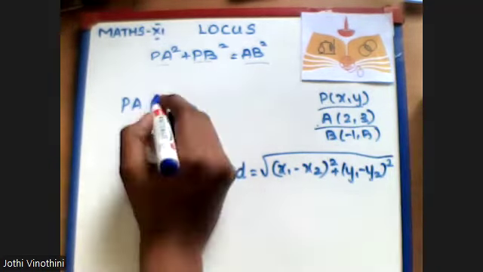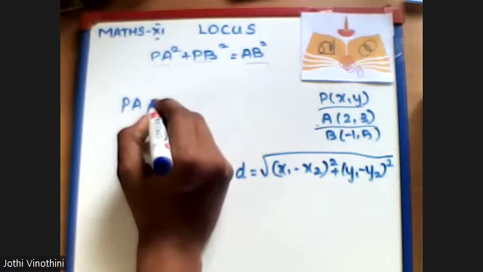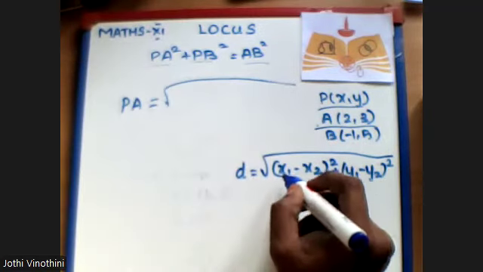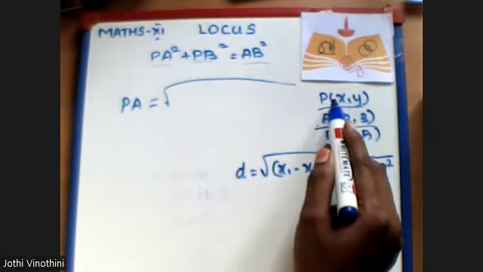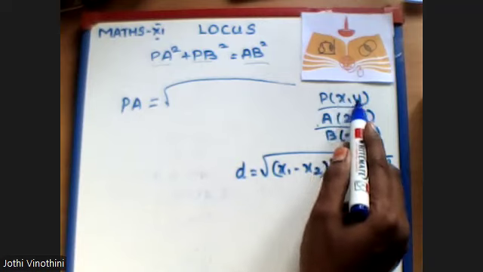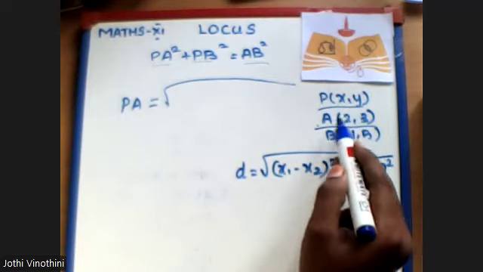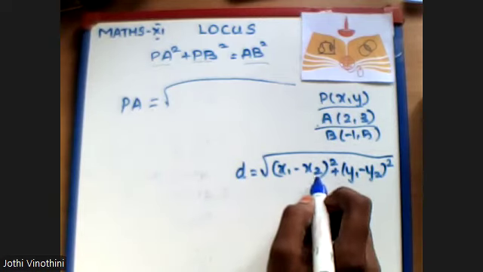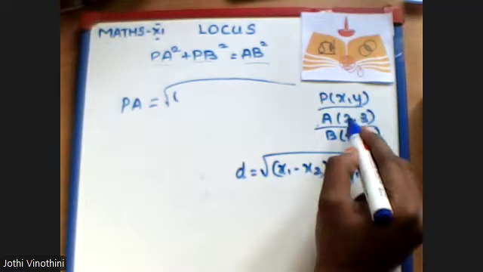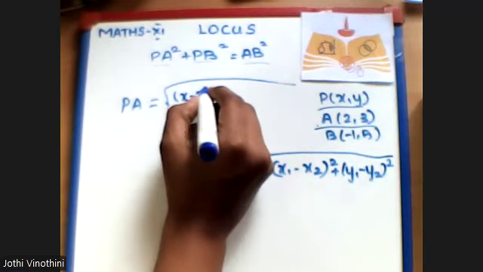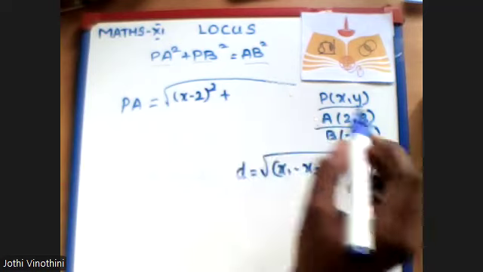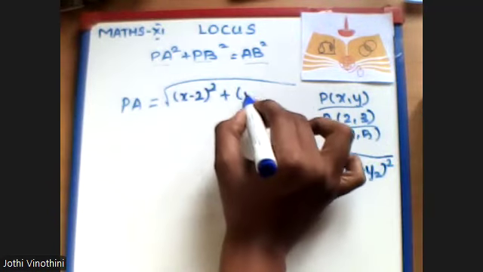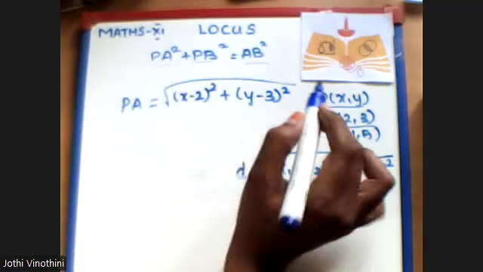PA equals square root of, I'm going to take P as x1, y1 and A as x2, y2. So x1 minus x2 is x minus 2 the whole square, plus y1 minus y2, y minus 3 the whole square.